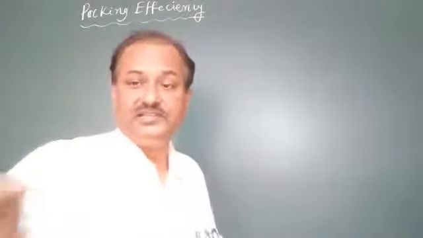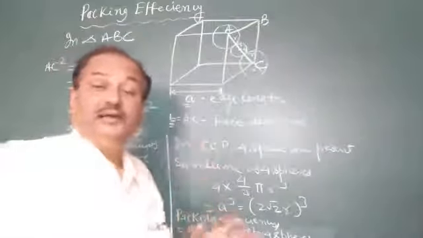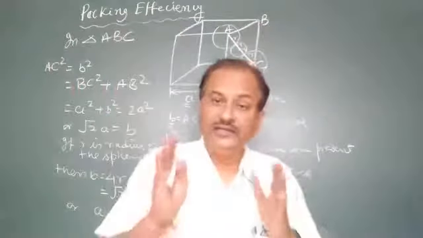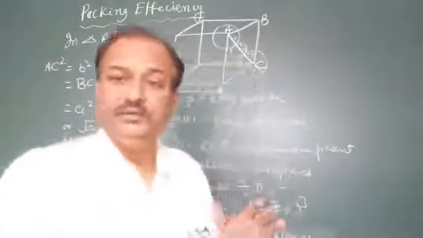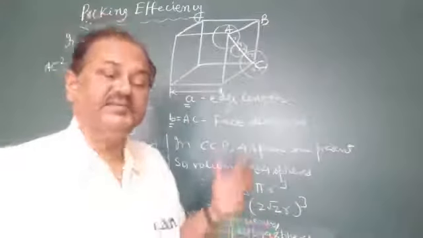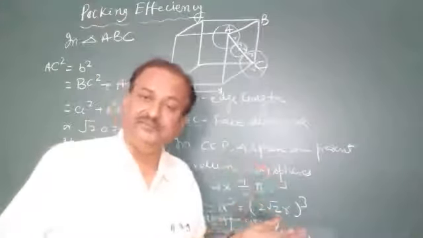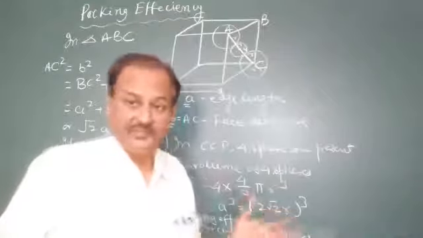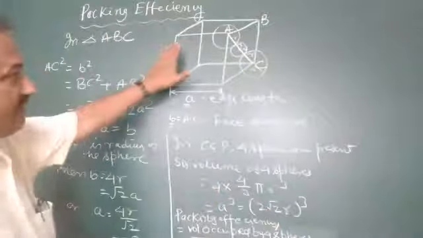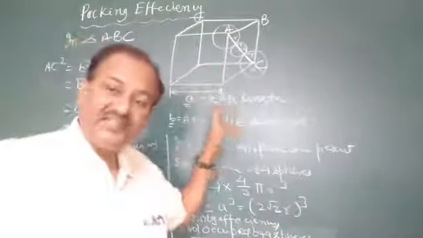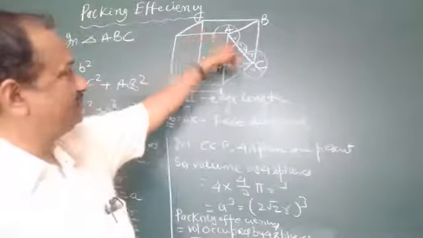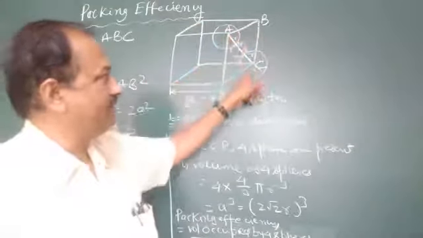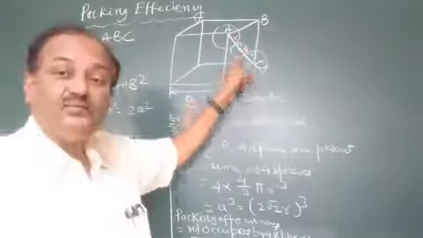Now children, I am going to explain how we can find out the packing efficiency in case of HCP, in case of different types of unit cells. Now see, here I have drawn a unit cell, it is FCC, and see children, this is triangle A, B and C, and here there is the void.